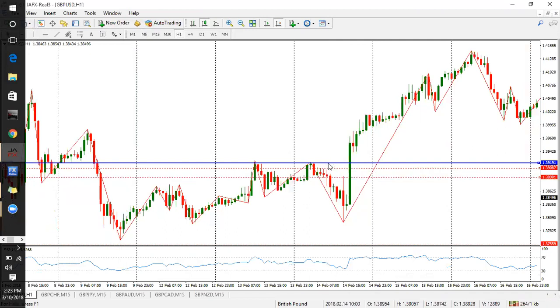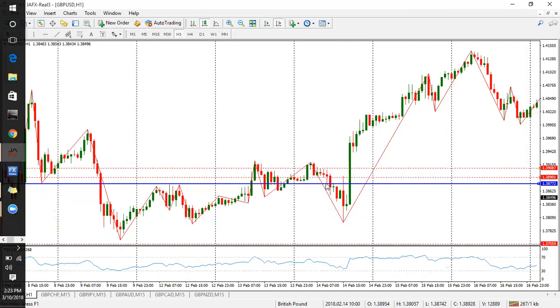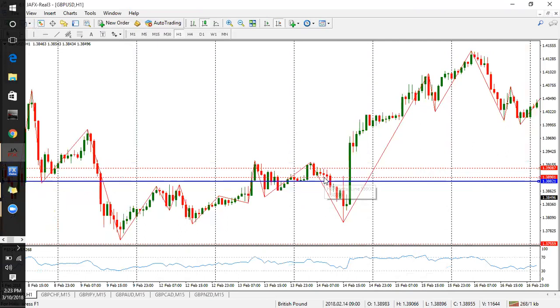But if it was a sell, which of course we are going to set for this example, then your entry is going to be 5 pips below the low.